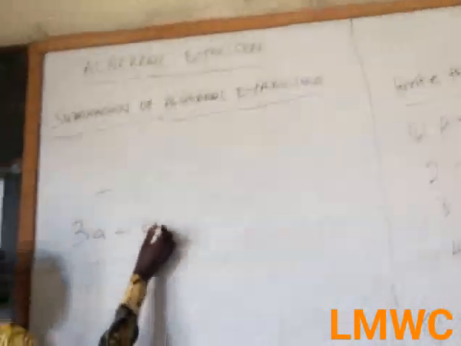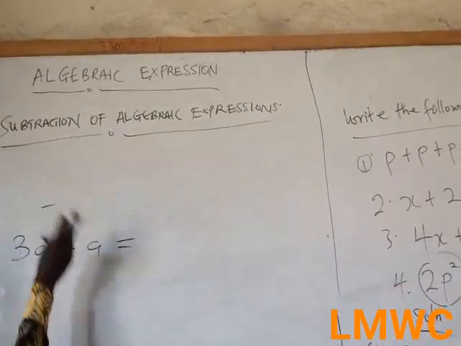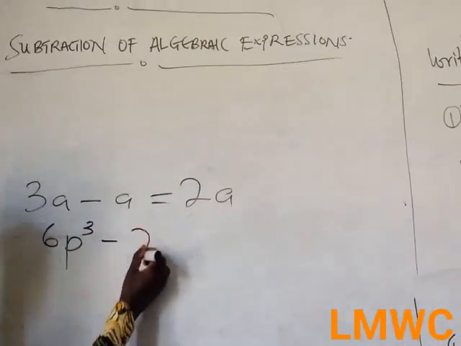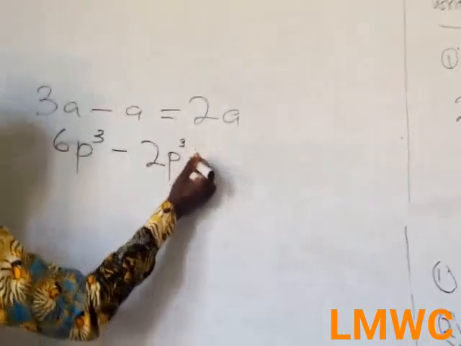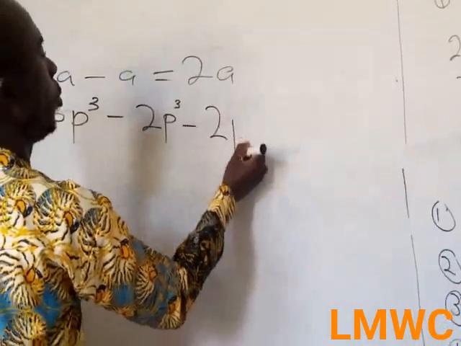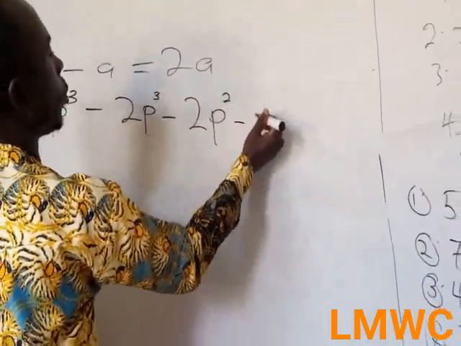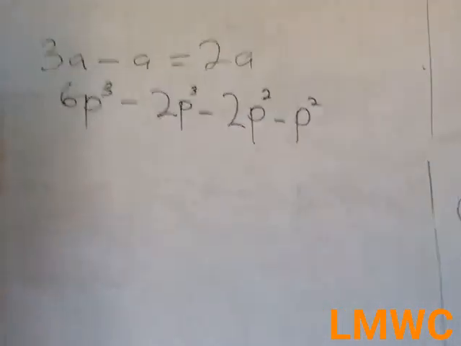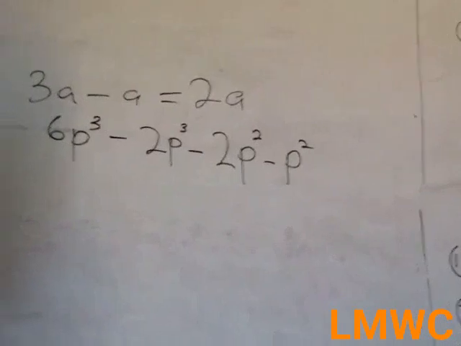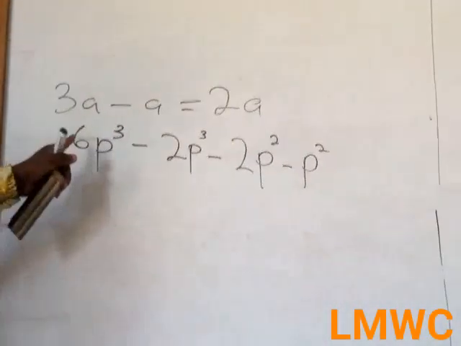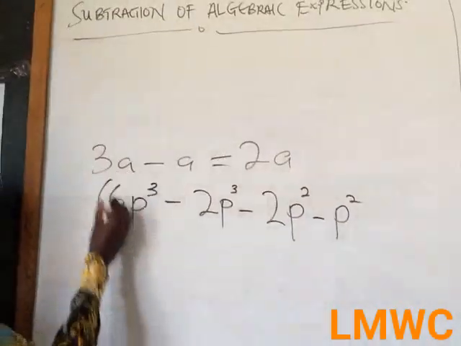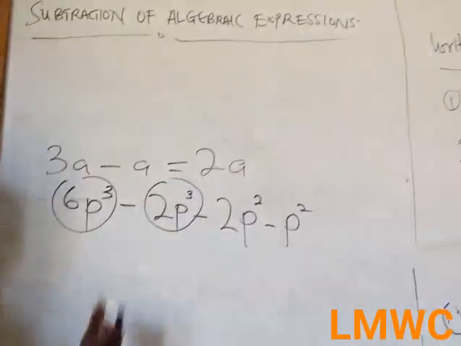So if I give you 3a minus a, that is 3a minus 1a. Then 6p cubed minus 2p cubed minus 2p squared minus p squared. So you subtract the like terms. 6p cubed minus 2p cubed, you see this and this are like terms.